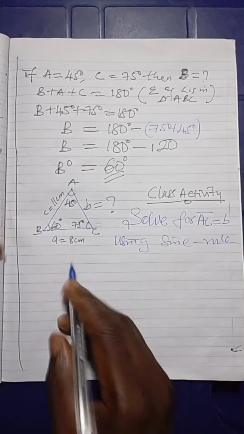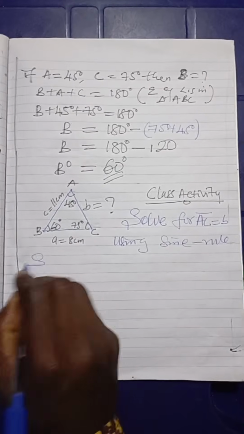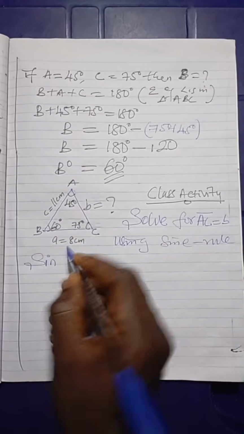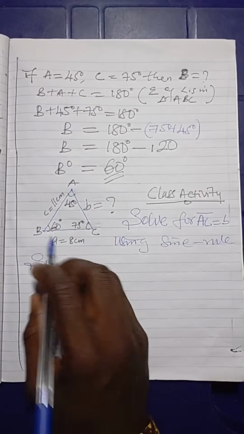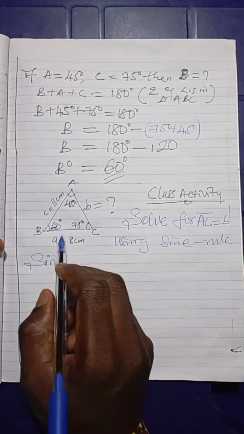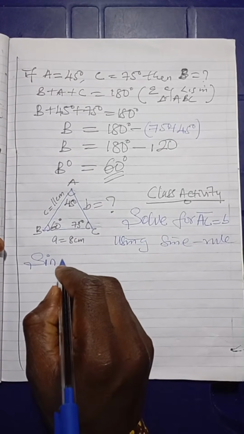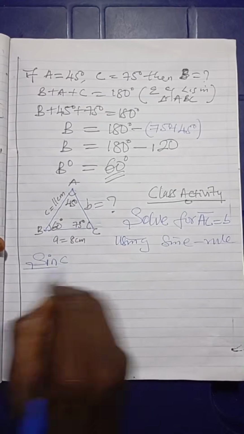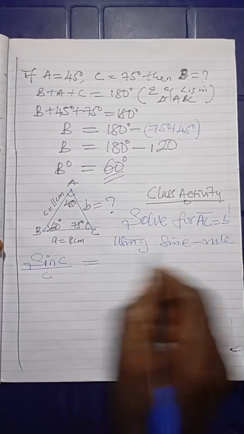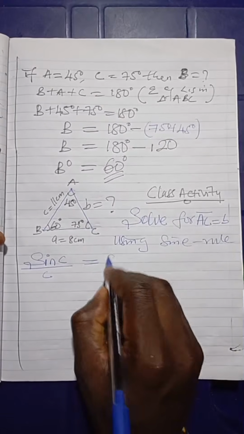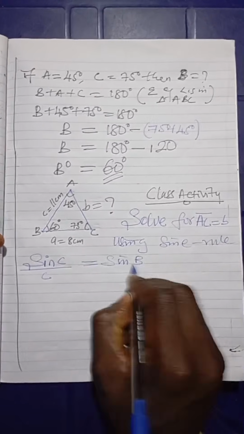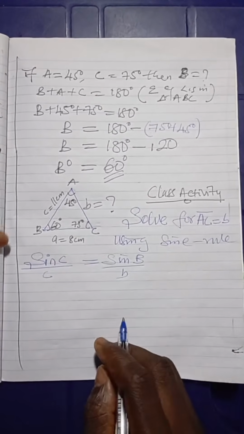Let's solve now. I have the sine rule. I said you can use any one. Let's say I used sine C over small c is equal to sine B over small b.